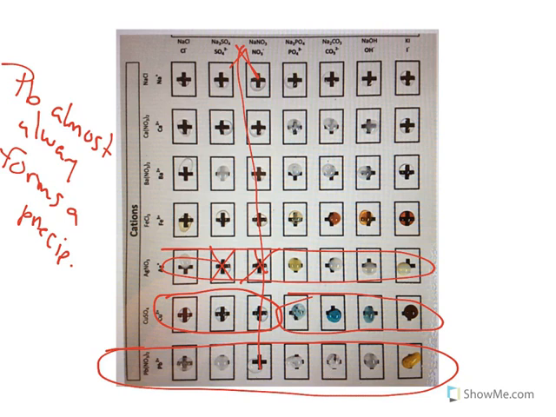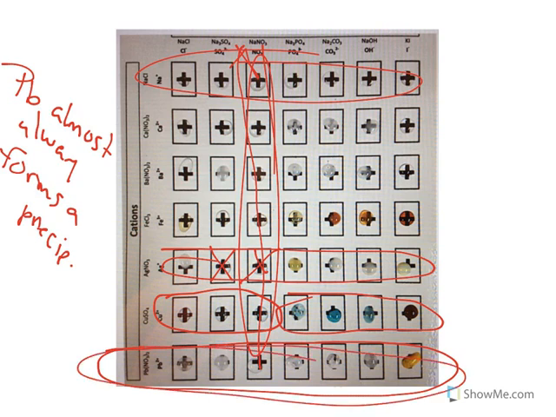So this is what we do, folks. This is what scientists do. We test it, and we say, what happens? And then we look for patterns or trends, like the nitrate never forming a precipitate, or the sodium never forming a precipitate, or the fact that lead always forms a precipitate unless you mix it with something that never does.